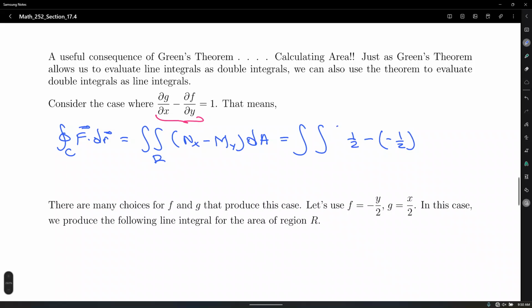Why do we need that? In a way that these two quantities add up to 1, right? But I wonder, what are those functions whose partial derivatives are 1/2 and negative 1/2?